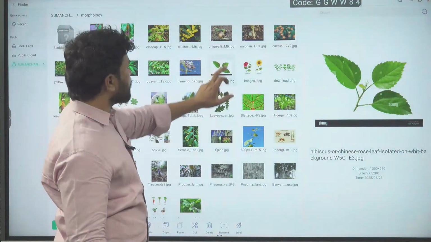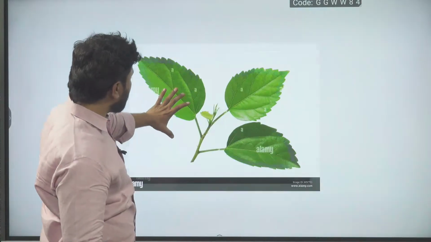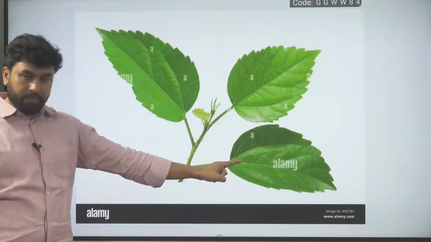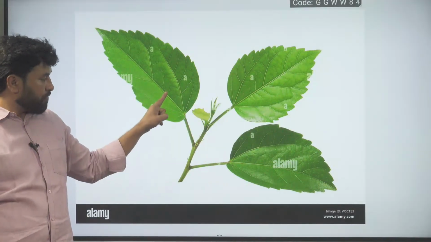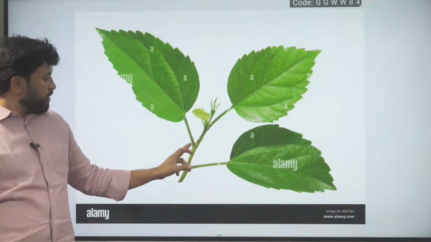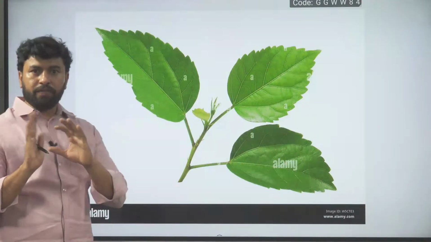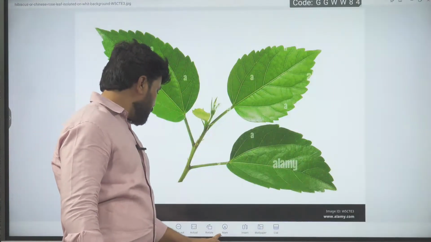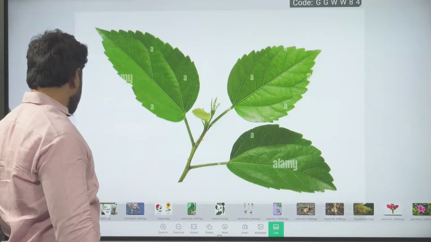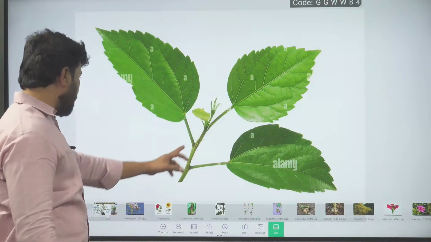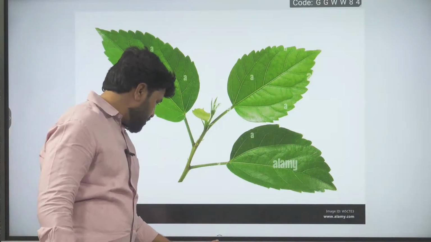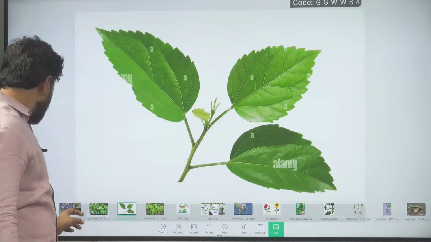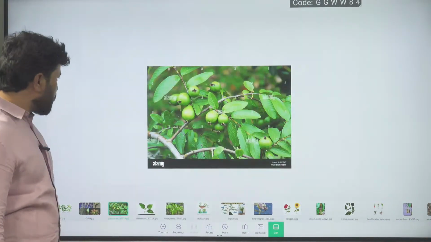Okay, this is opposite phyllotaxy. You can see there a node, one leaf. This leaf, this side, that leaf, opposite. Such kind of arrangement is called opposite phyllotaxy. Next one, this is alternate phyllotaxy. It's a hibiscus rosa-sinensis. Next one, consider this in guava.